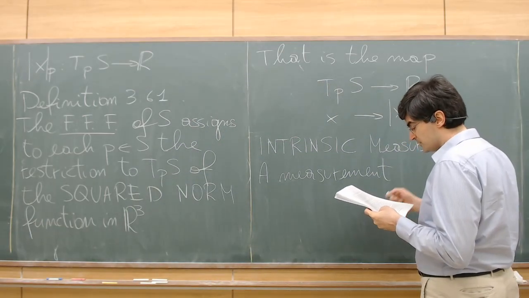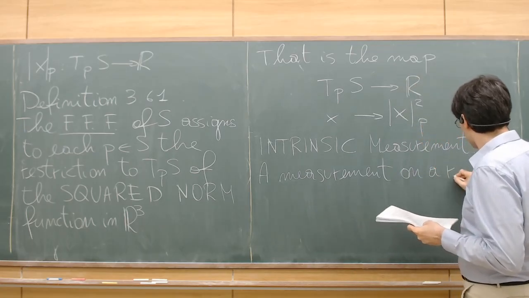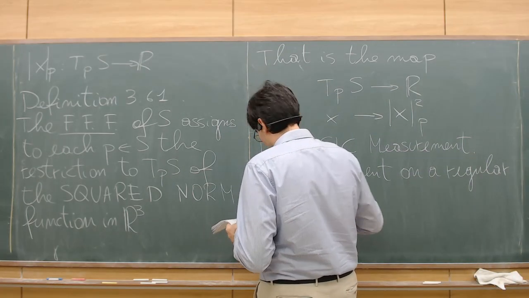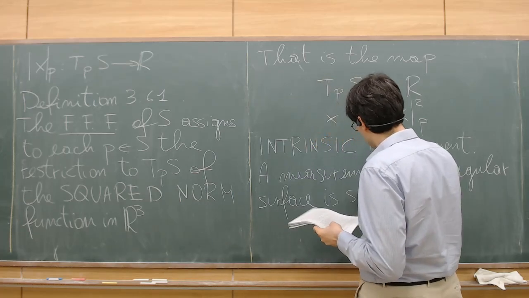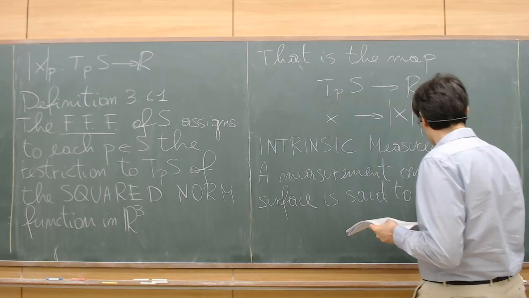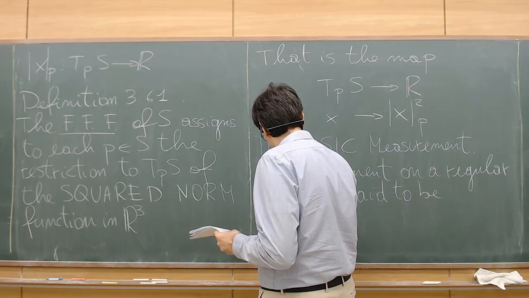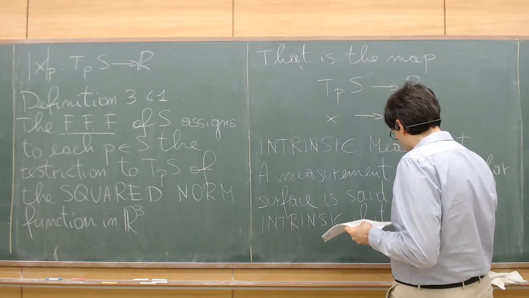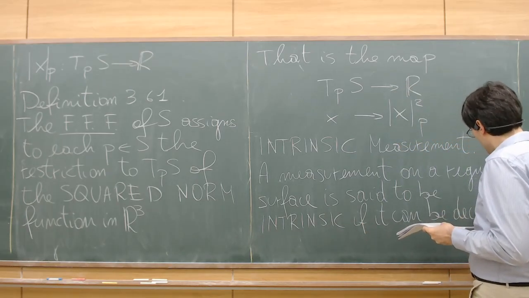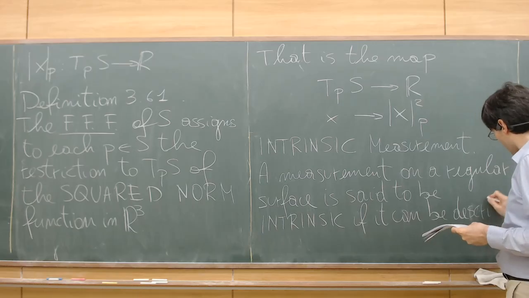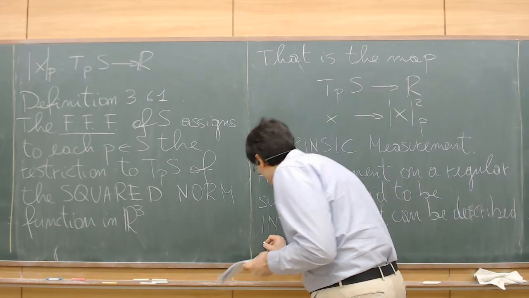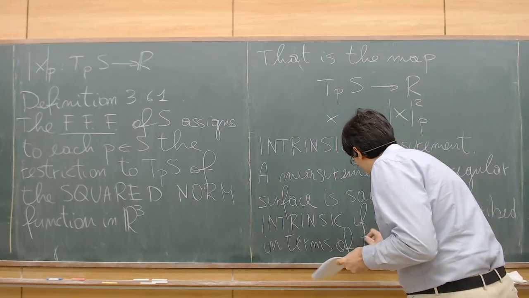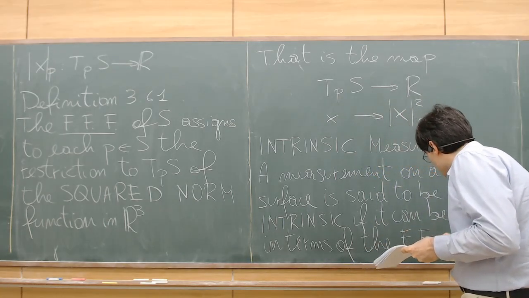A measurement or a quantity defined on a regular surface is said to be intrinsic if it can be described in terms of the first fundamental form.